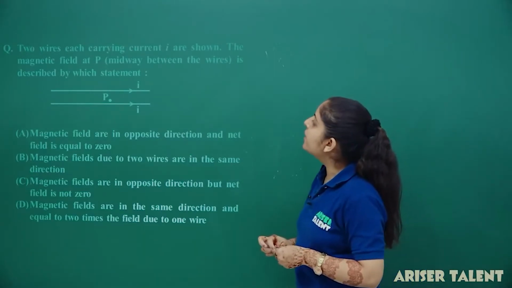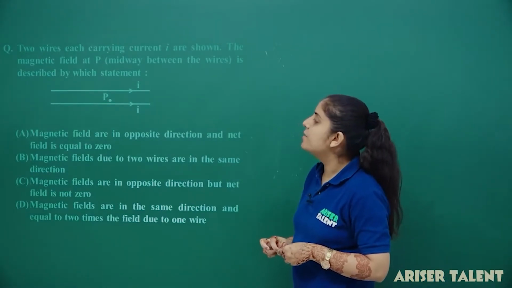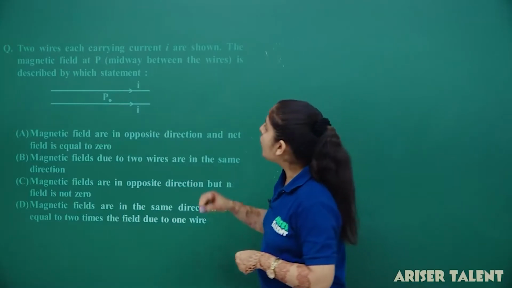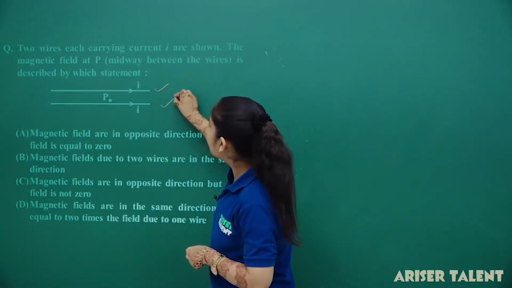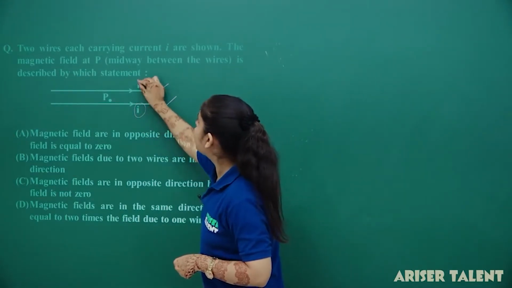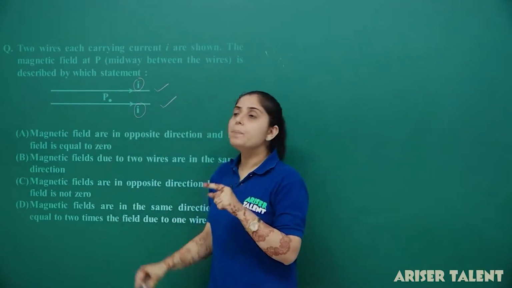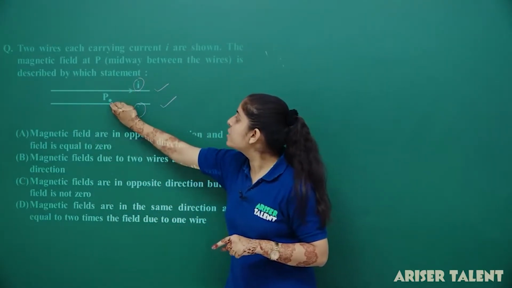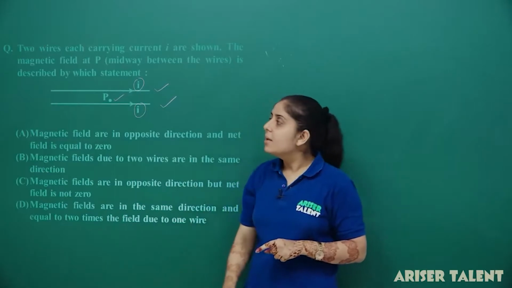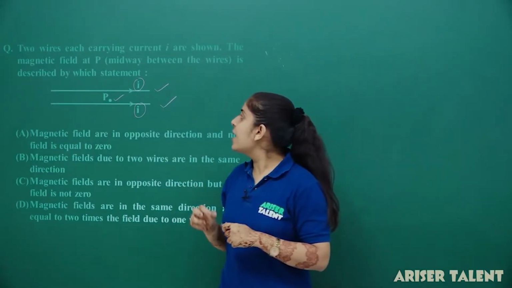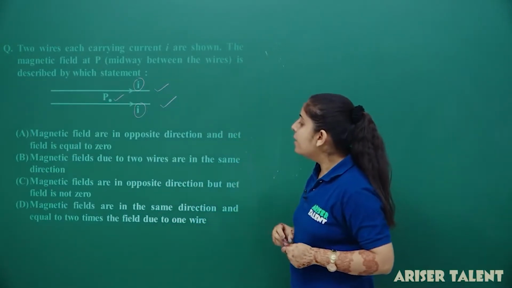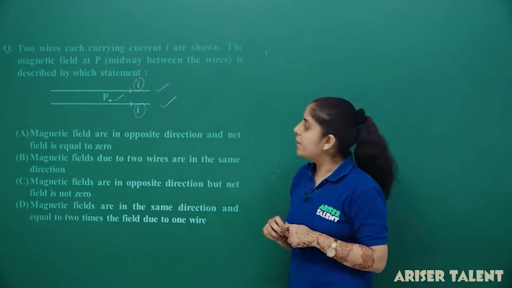The magnetic field at P midway between the wires is described by which statement? You have been given two wires carrying the same current I, and the point P is situated midway between these two wires. This is our point P. We have to find out the correct statement here.